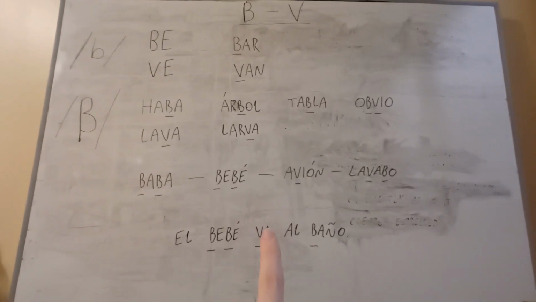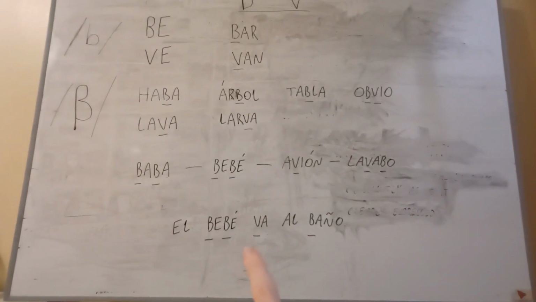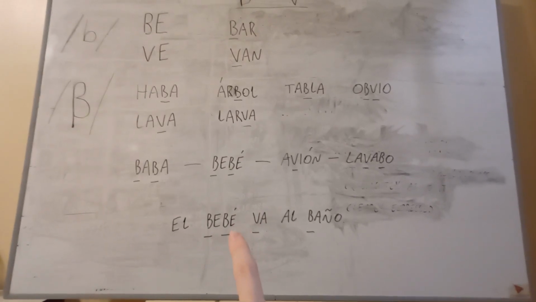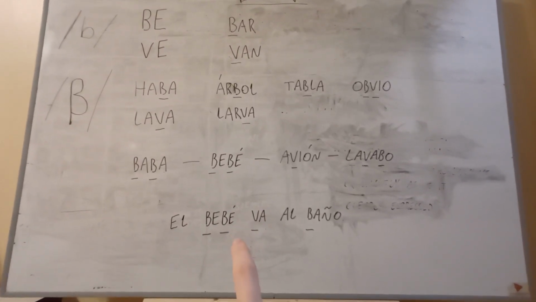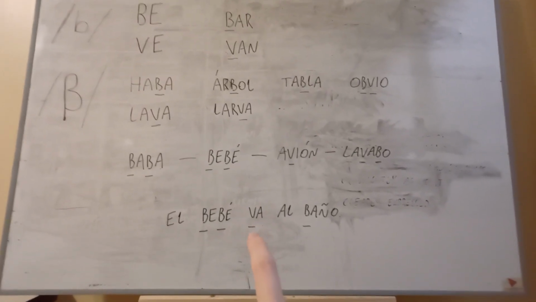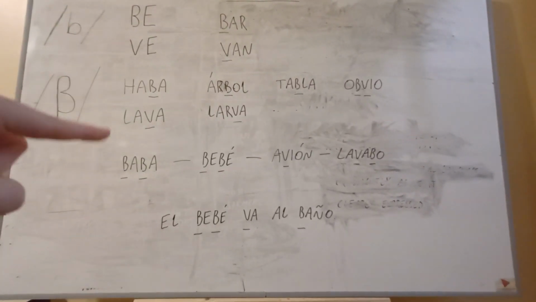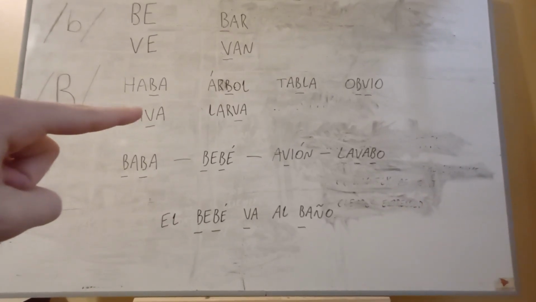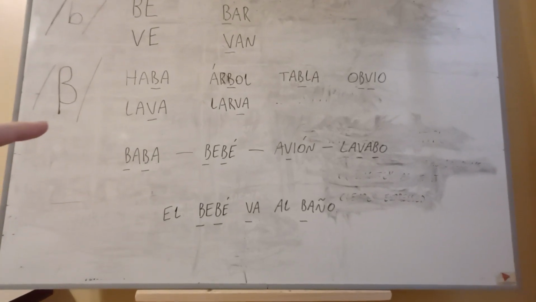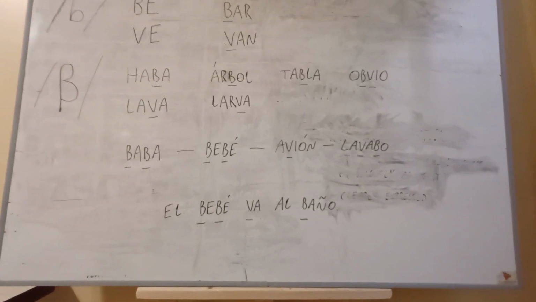Here, I am also pronouncing the approximant because the word bebé ends in a vowel, and this vowel precedes the consonant of the following word. And here we have this example where when the B is preceded by a vowel, it is pronounced like the approximant.